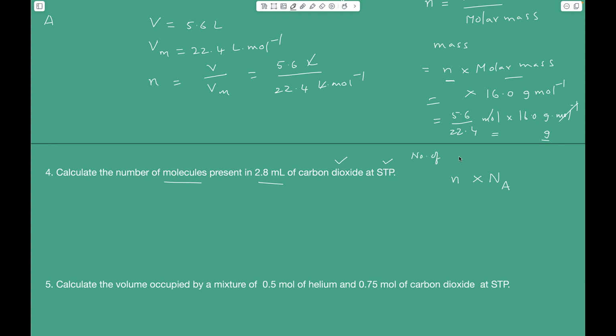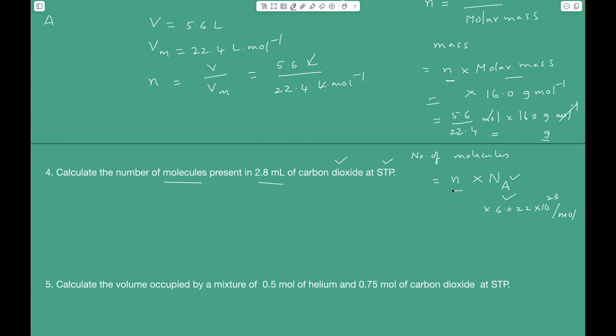So the number of particles, and in this case molecules, because carbon dioxide is composed of molecules, is given by amount of substance multiplied with Avogadro's constant. We know the value of Avogadro's constant. It is 6.022 into 10 to the power of 23 per mole.